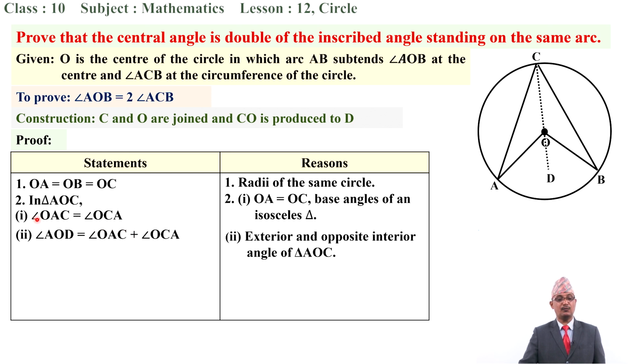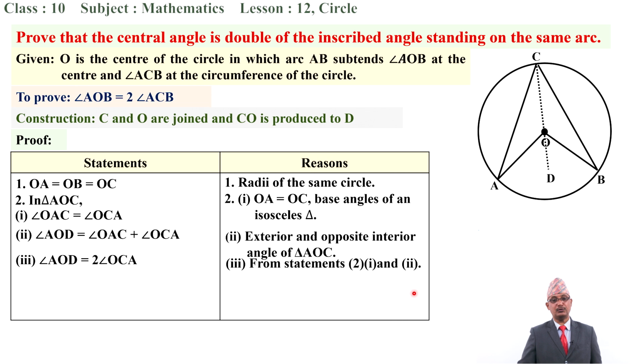Instead of OAC, what shall we write from 1? OCA. So in statement 3, AOD equals, instead of OAC we write OCA, so OCA plus OCA becomes 2 times angle OCA. Which two statements have we used here? Statements 2.1 and 2.2. So what shall we write? From statements 2.1 and 2.2.